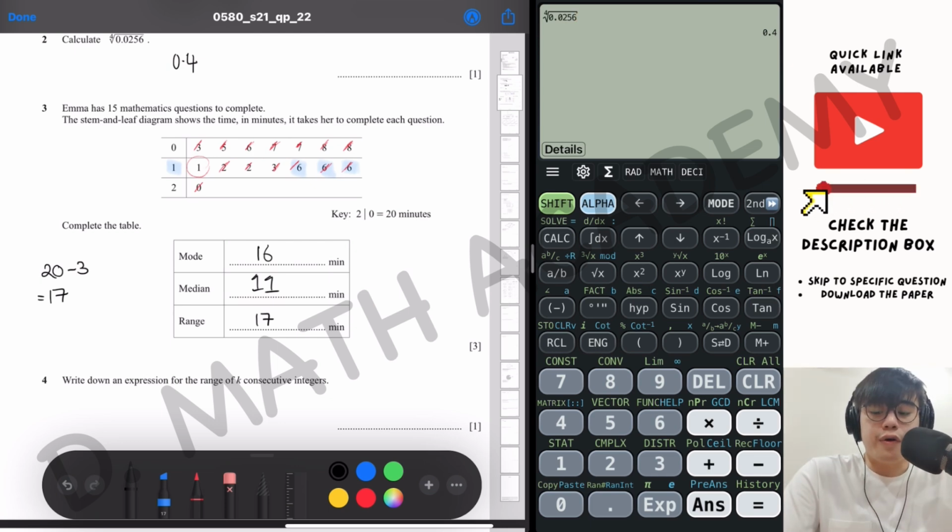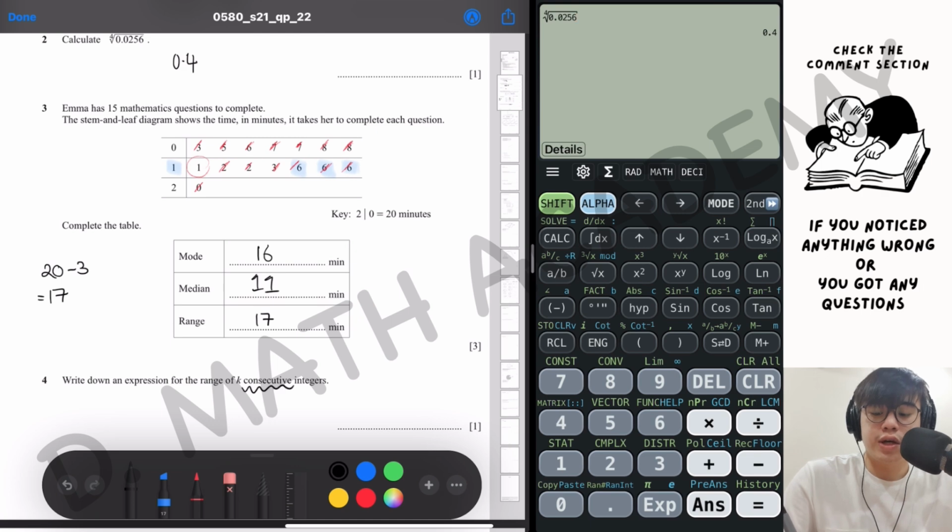So for question 4 here, they say write down an expression for the range of k consecutive integers. So the keyword here is consecutive. So for example, if it's a number 5, the next number will automatically be 6 because it is consecutive.